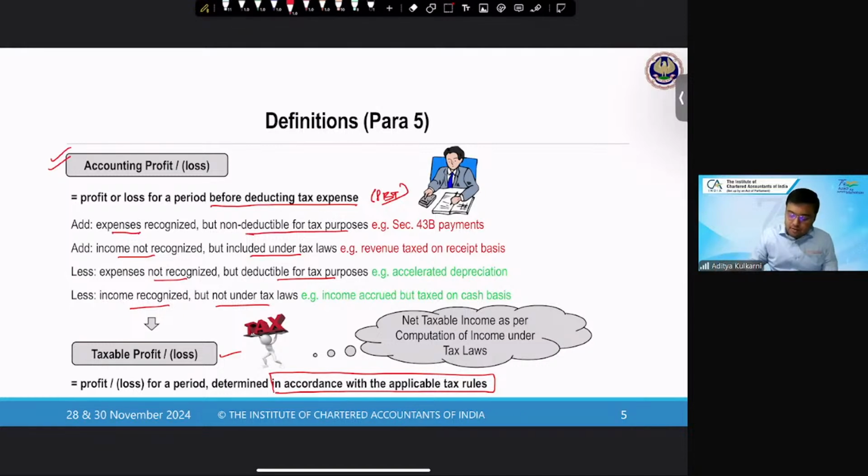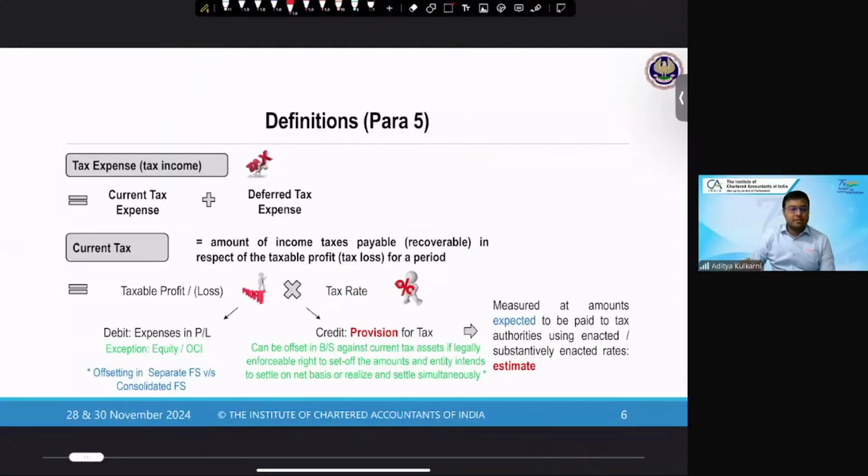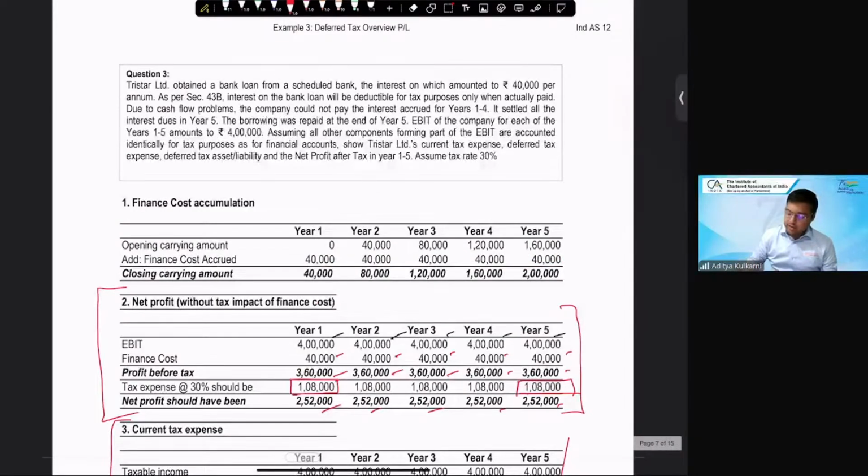Next. My tax expense is a combination of two items, current tax expense and deferred tax expense, something which we have already seen. Current tax expense plus deferred tax expense: 1,08,000 for the second example, and 72,000 for each of the 5 years in the first case.